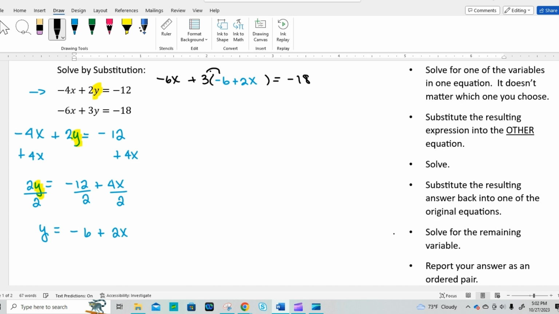So I'm just going to distribute first. So I will have negative 6x minus 18 plus 6x is equal to negative 18. There seems to be something a little bit funny going on here.